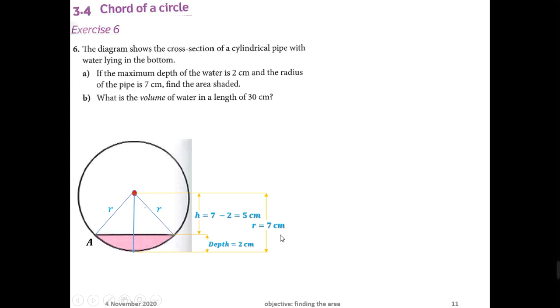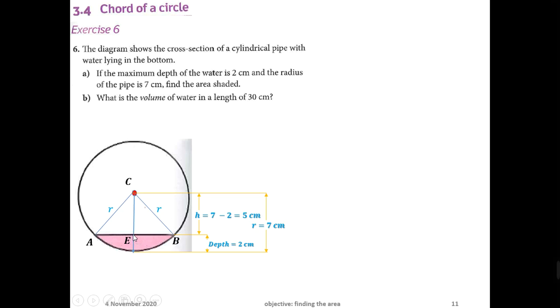So let's name the points. If this is point A, this is point B, and this is point C, the center of the circle, and this intersection point here, E, is where the vertical line that we brought from the apex down meets the straight line of the depth of water.